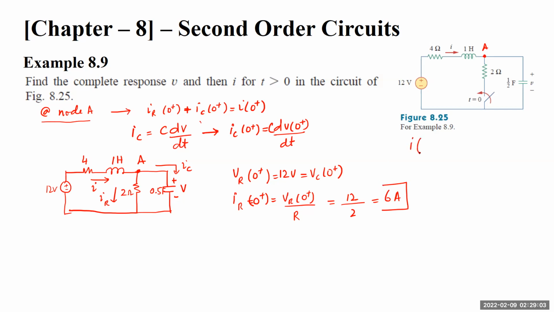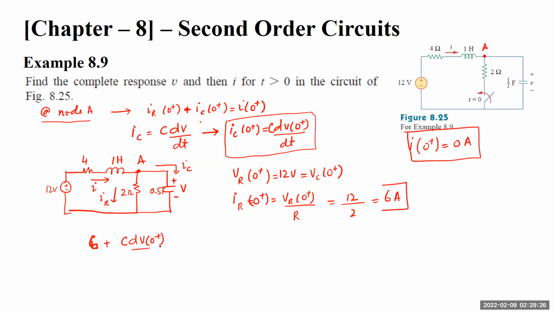Similarly, we know that I(0+) is equal to 0 amperes. Now we have these two values, and we know IC(0+) is equal to C dV/dt. Putting in the values, we get 6 plus C times dV(0+)/dt equals 0. So dV(0+)/dt equals minus 6 divided by 0.5, that is the capacitance.